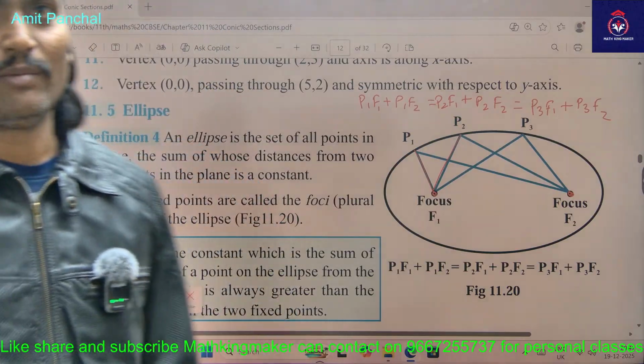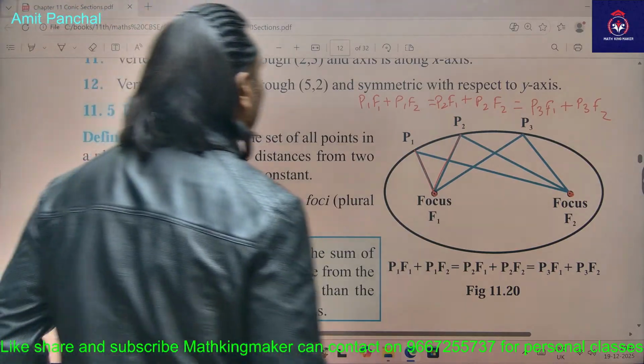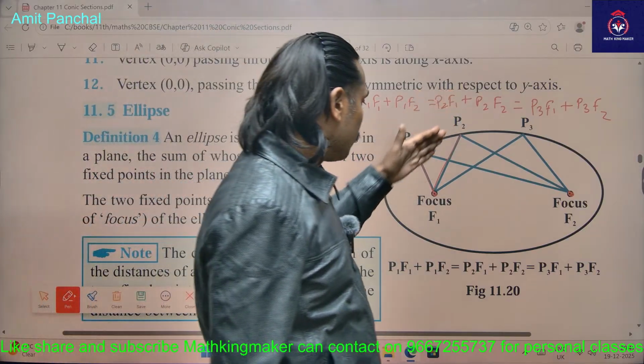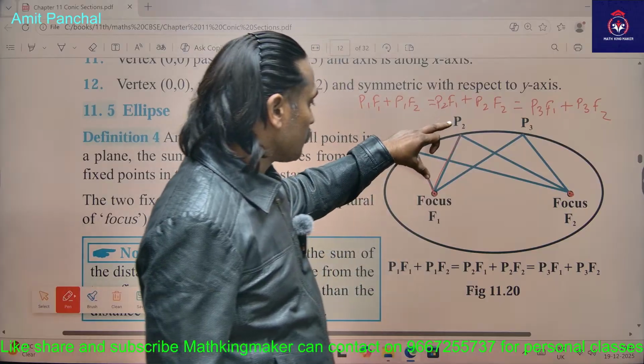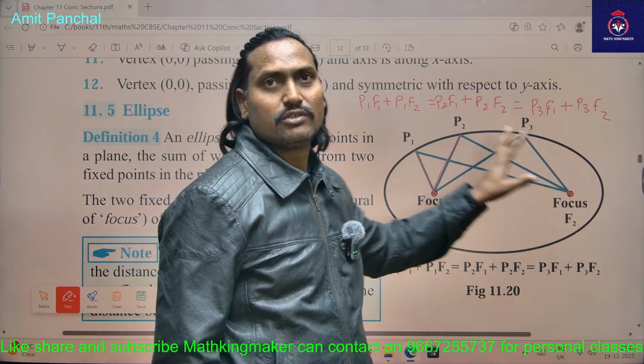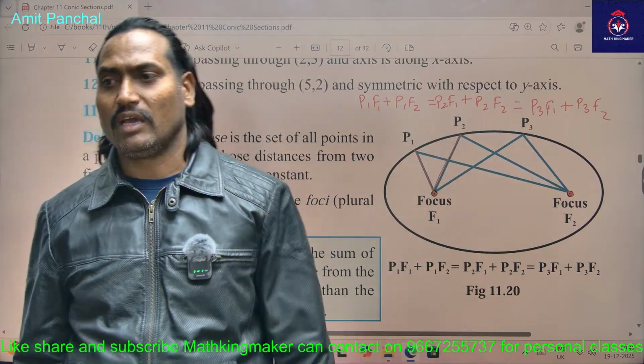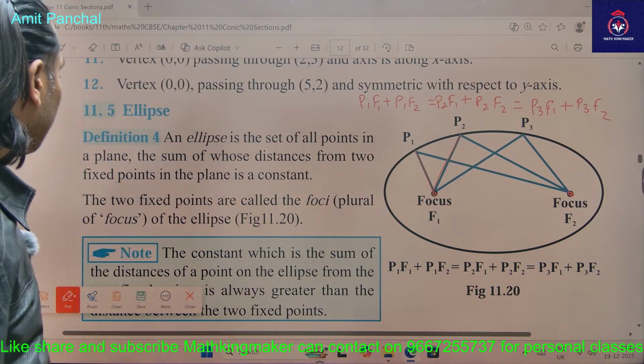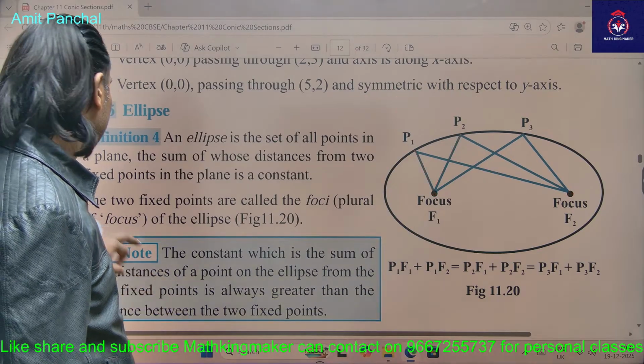That means if you take any point on this ellipse and sum the distances from this point to the foci, that will be the same every time. So that is one kind of shape it is.